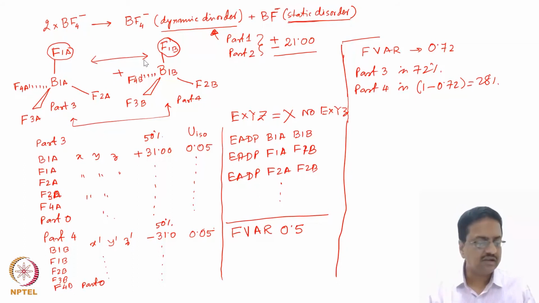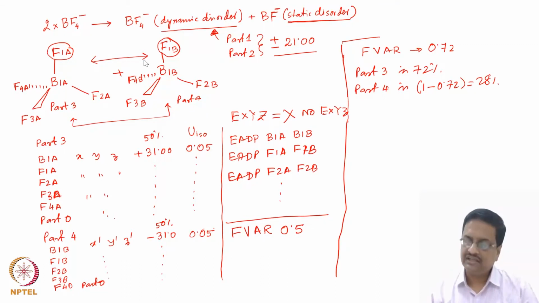By doing this refinement, one can treat the dynamic disorder in the case of BF4 minus, ClO4 minus, or any other molecule which may be disordered at two different locations.